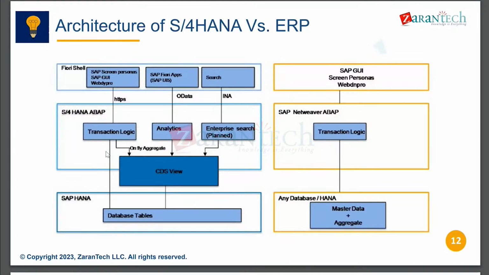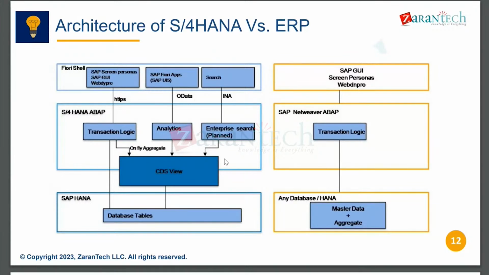CDS view is a technical term where they do ABAP coding to join multiple tables in the CDS view, and they can pull the data in one go from the CDS view.